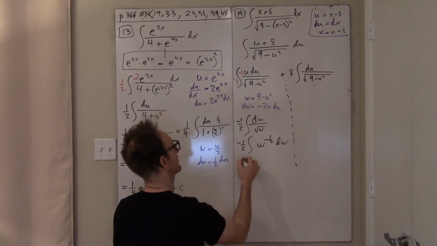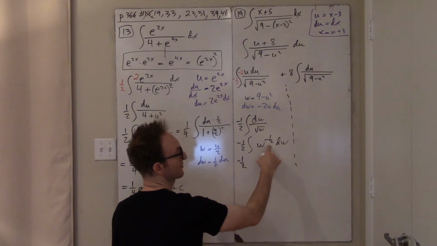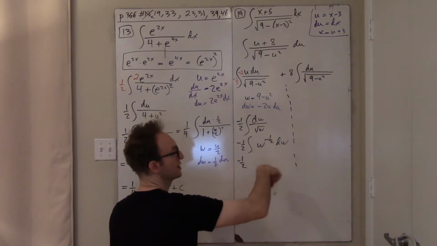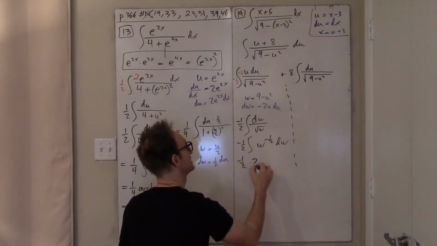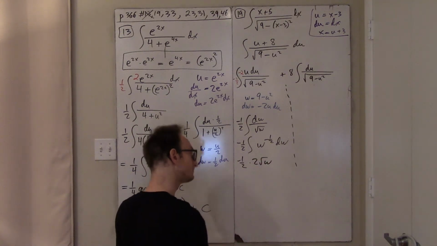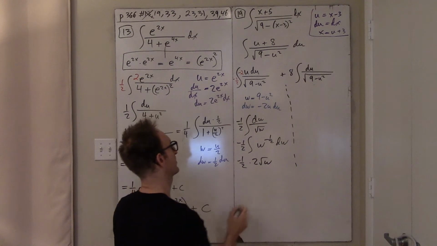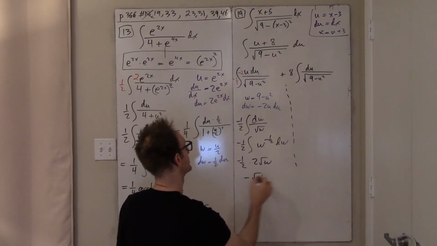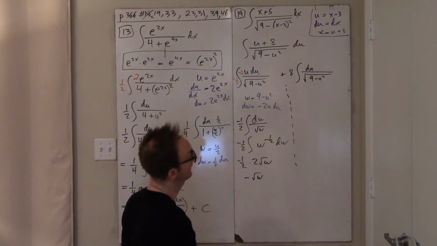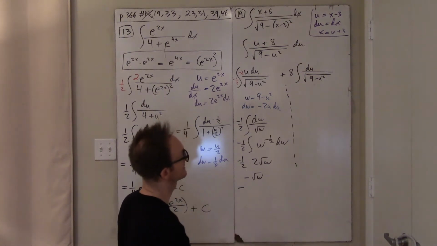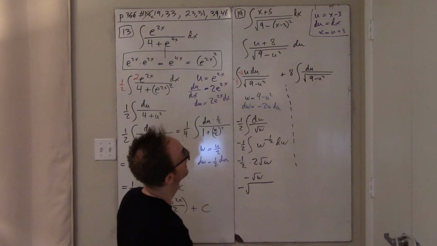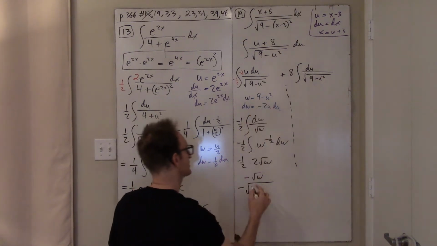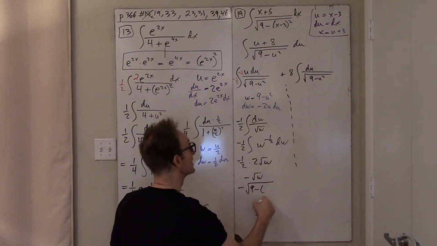Now I antidifferentiate. What is the antiderivative of w to the negative 1/2? You go up a power to 1/2 and you divide by 1/2, so you just get 2 root w. And so this whole problem becomes negative root w. So what you get from the left-hand side is negative the square root of w, which is 9 minus u squared, but then also u is really x minus 3.